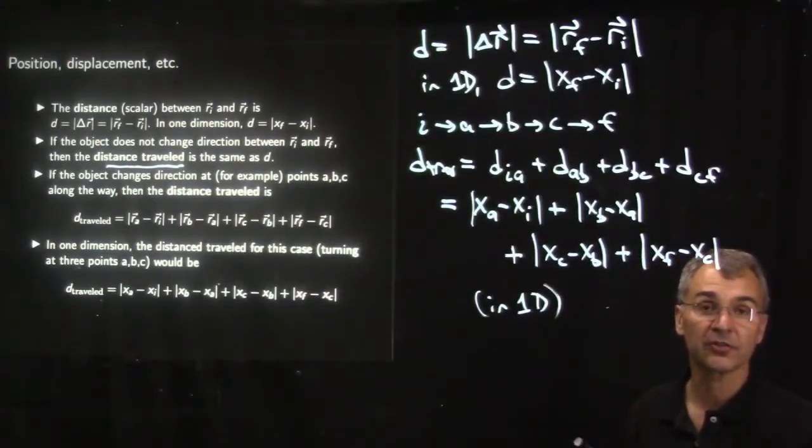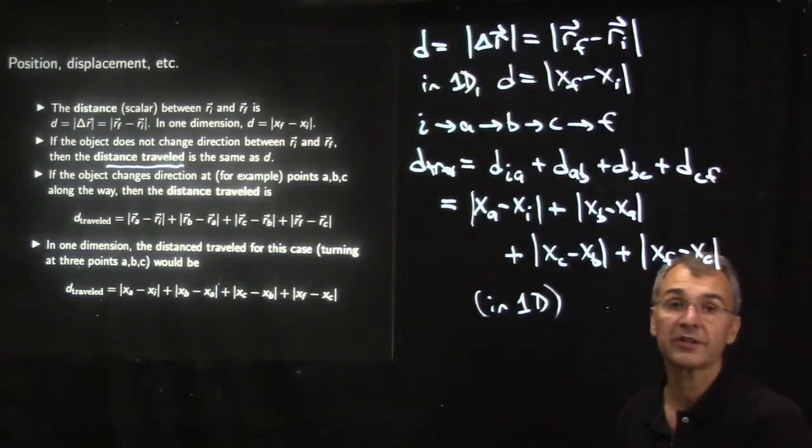So that's how you do the distance traveled in 1 dimension. You just have to work out where it is that you changed direction.